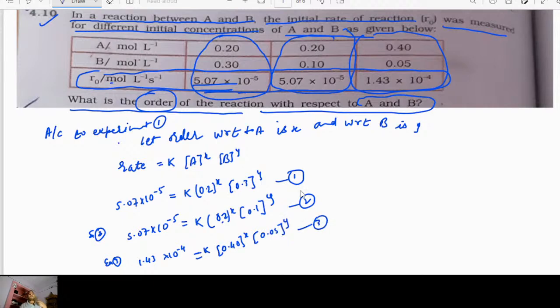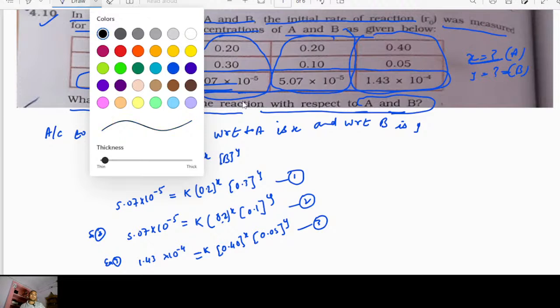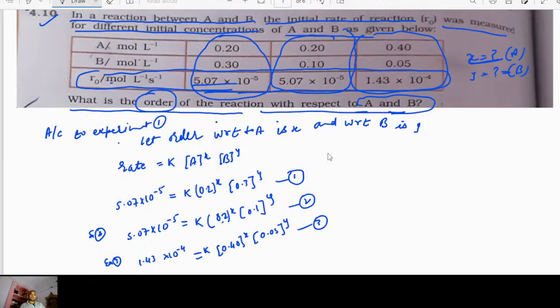So we need to find the value of x and the value of y. They are asking what is the order of the reaction with respect to A and with respect to B. So x is the order of reaction with respect to A, and y is the order of reaction with respect to B. So how can you calculate this, this data is given. So let us see from 1 and 2.